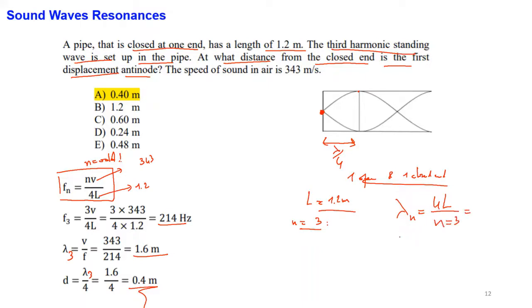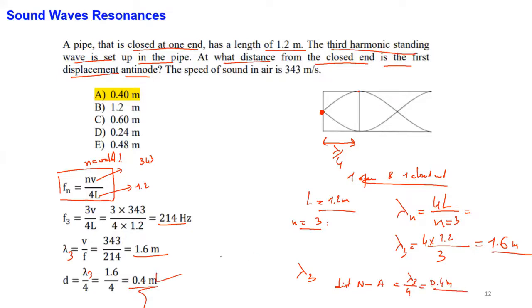So lambda 3 is just 4 times L, 1.2, divided by 3. This gives you 1.6 meters. So once I get lambda 3, I know that the distance between node and antinode is lambda 3 divided by 4. This gives me 0.4 meters.